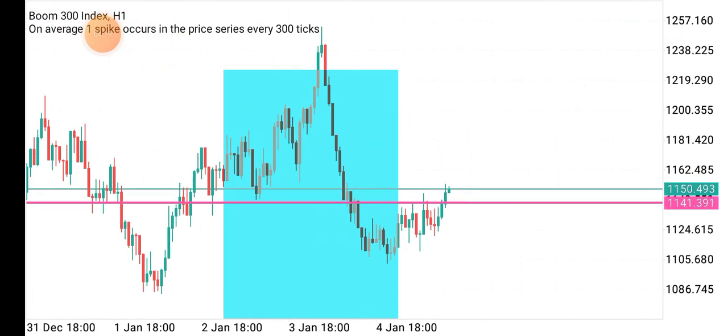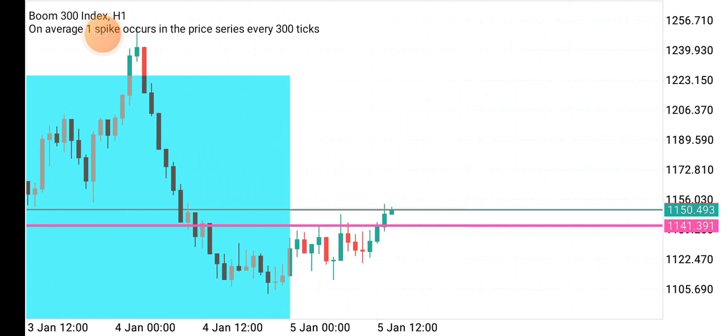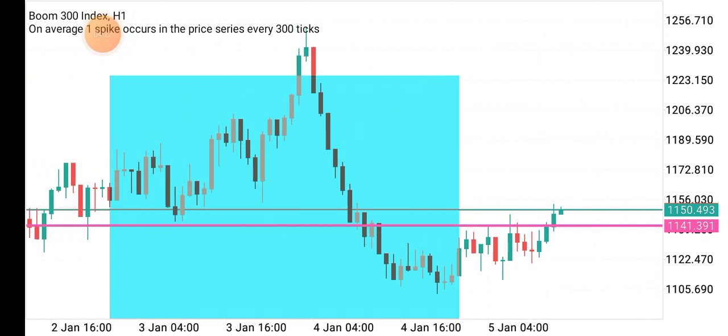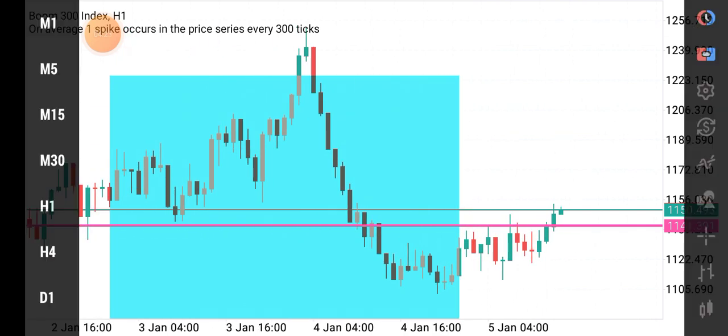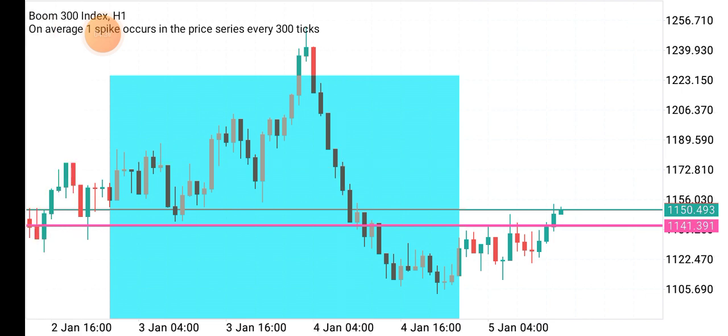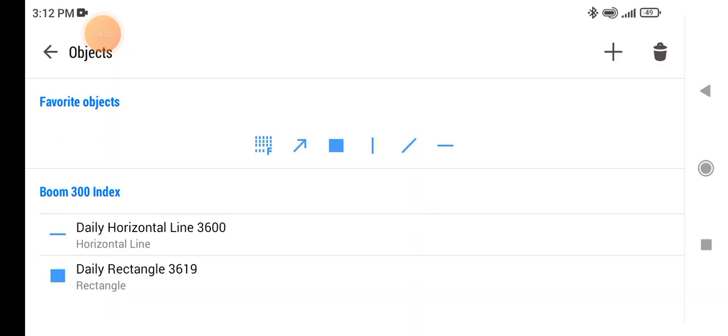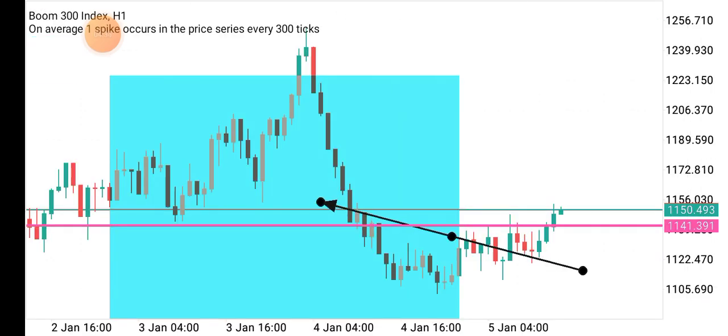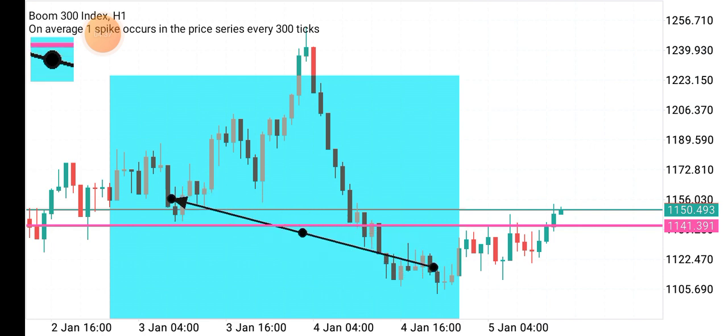You want to keep track of the movement. So you can see on the 1 hourly time frame, this is the one moment. Let me get the line tool. You can see now this was the wick, meaning we have to adjust our line.